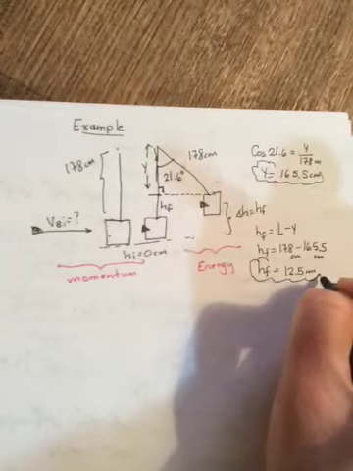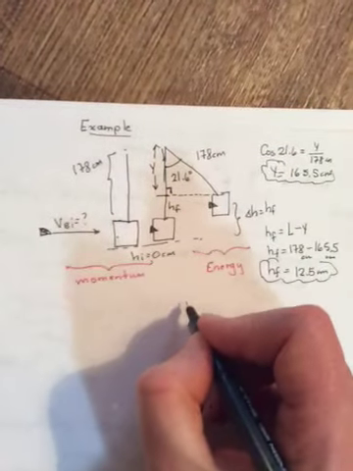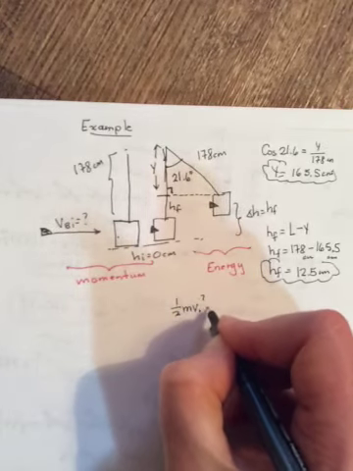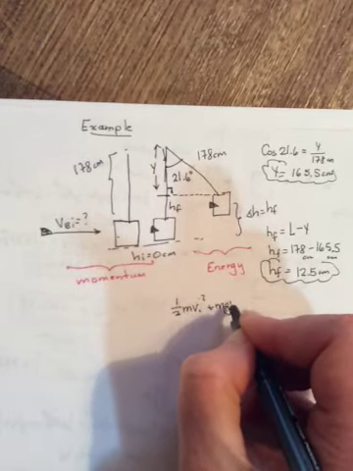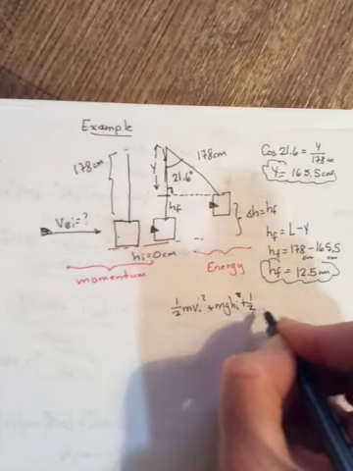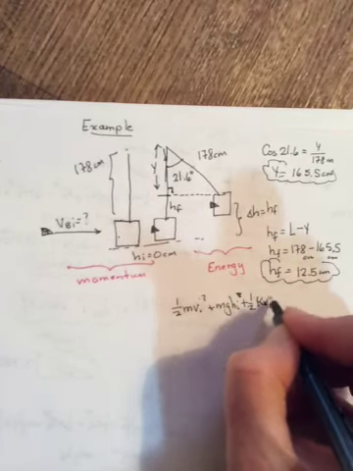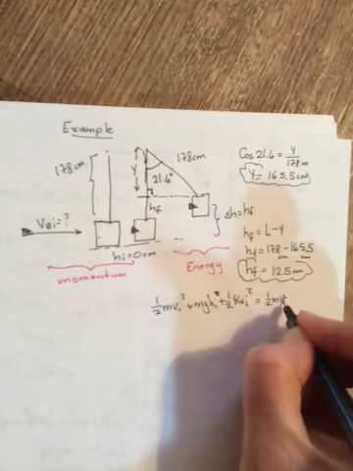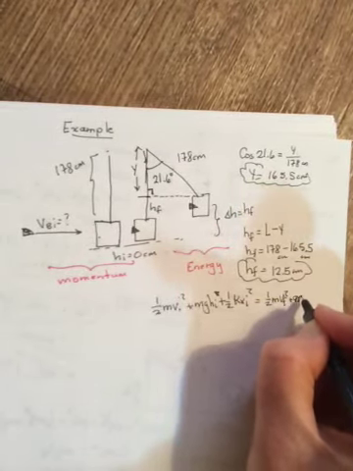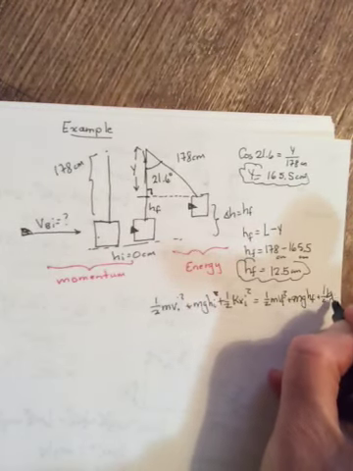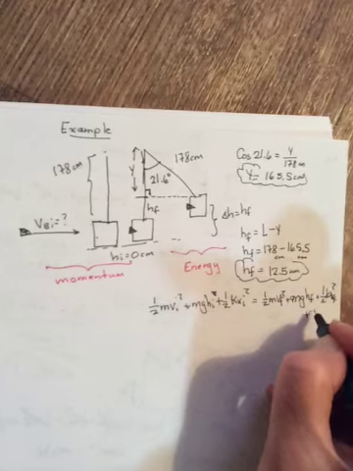Then once we have this, now we can go to our energy. And we can say, okay, 1/2 m v initial squared plus m g h initial plus 1/2 k x initial squared should equal 1/2 m v final squared plus m g h final plus 1/2 k x final squared plus E lost.